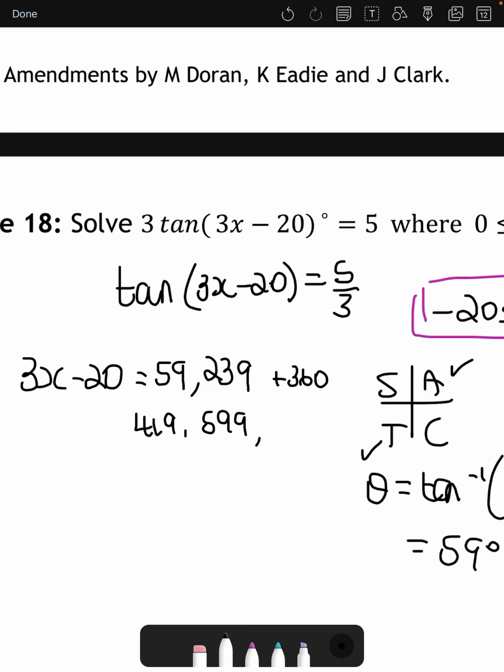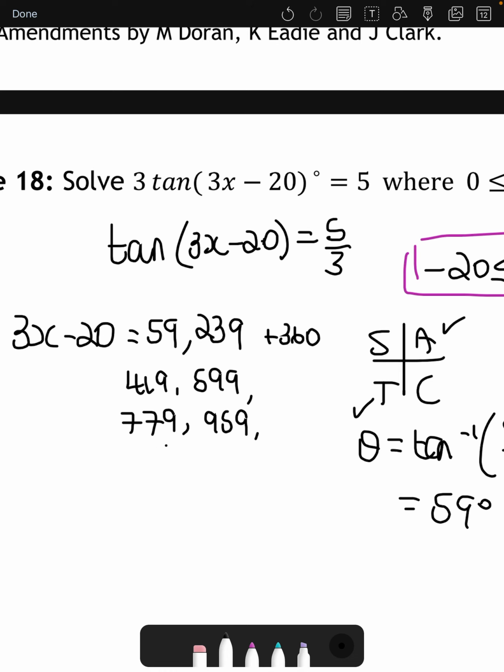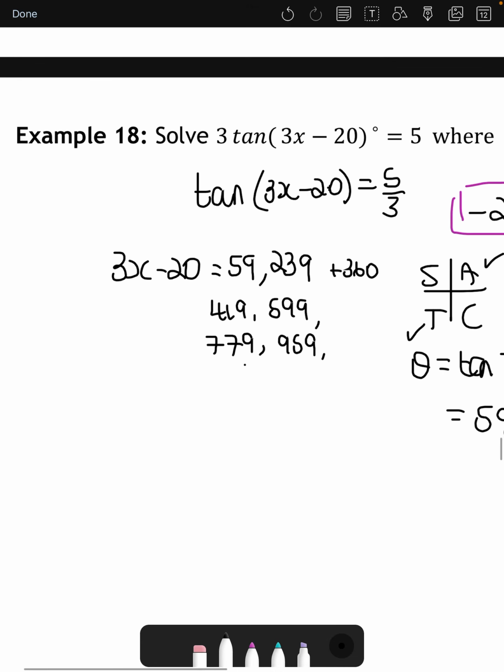Yes. So we're going to get 779. Still fine. 959. Okay, still fine. Add on 360 to that, too big. Okay, so we are done. So what we have is 3x minus 20 is all of these values.